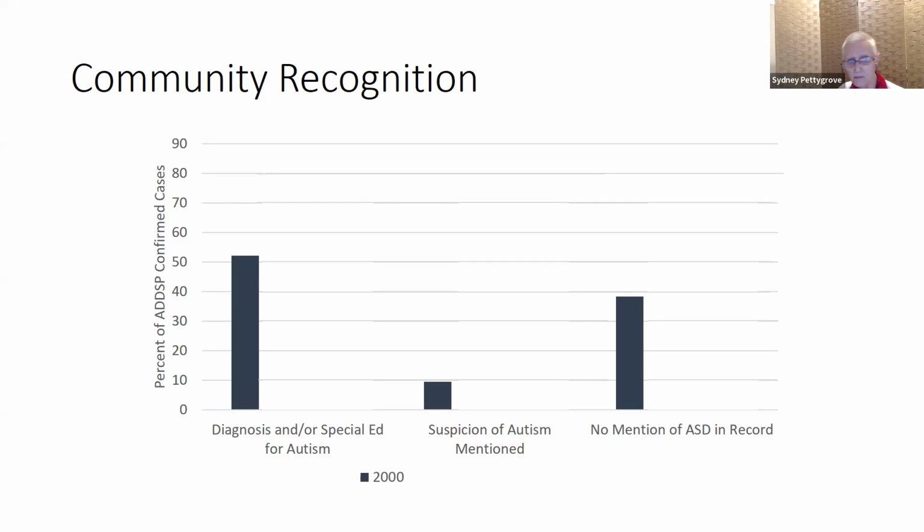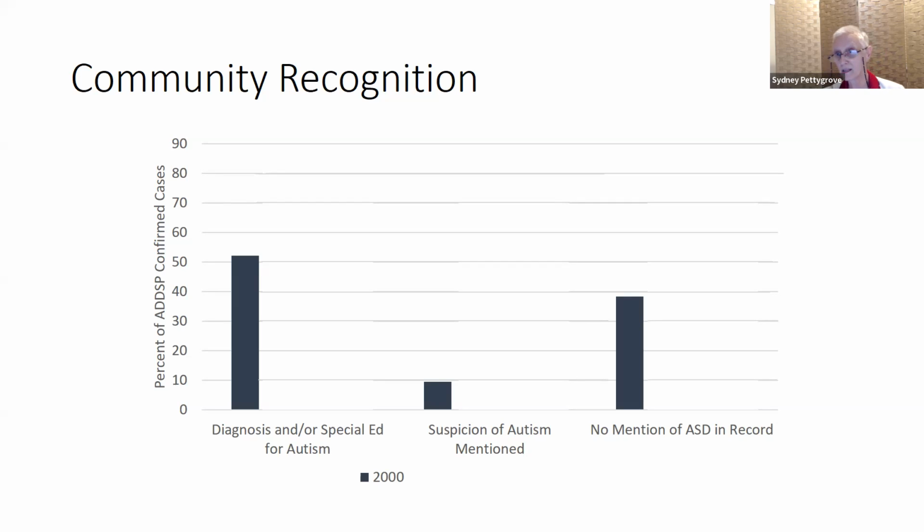And about half of them, a little over half, either had a diagnosis and or a special ed exceptionality. A little less than 10% had a suspicion of autism mentioned, and about 37% had no mention of ASD whatsoever in their records.